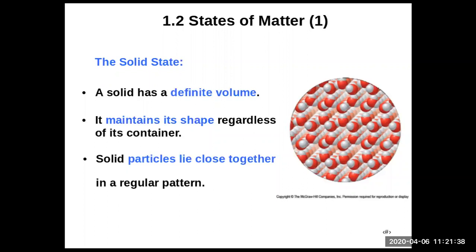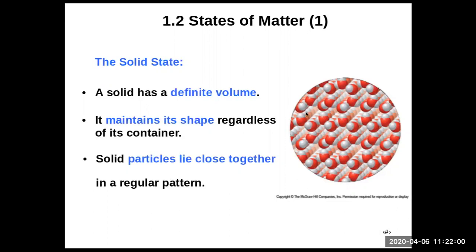And now if we look at the arrangement at the atomic level or at the molecular level, the reason why solids have these properties is because their particles lie close together, in a regular pattern.